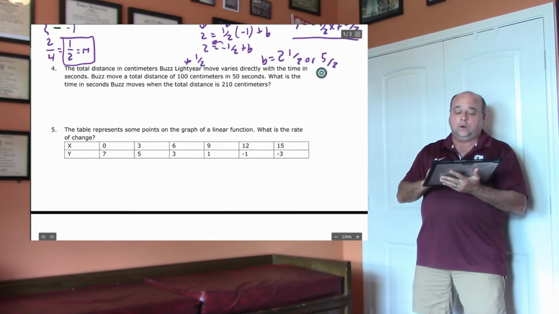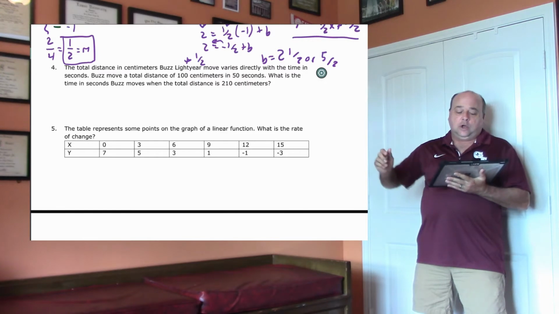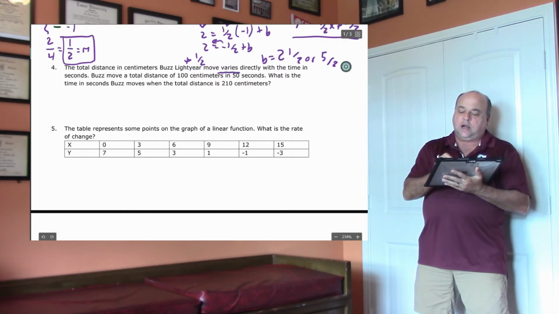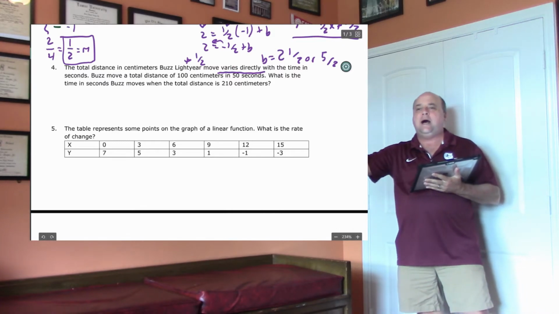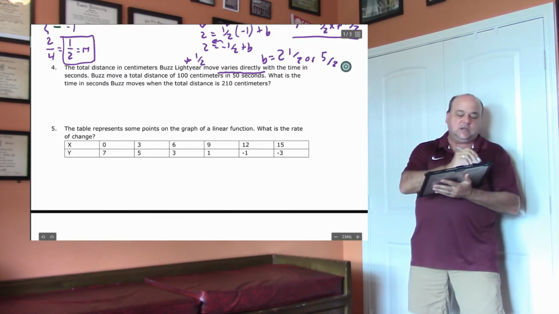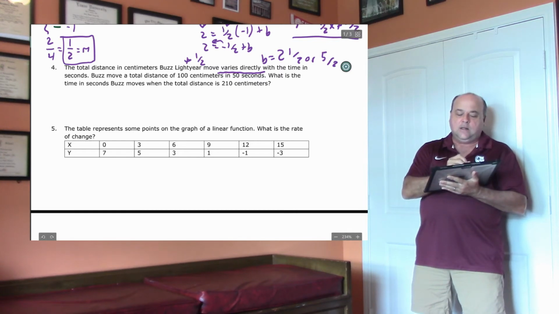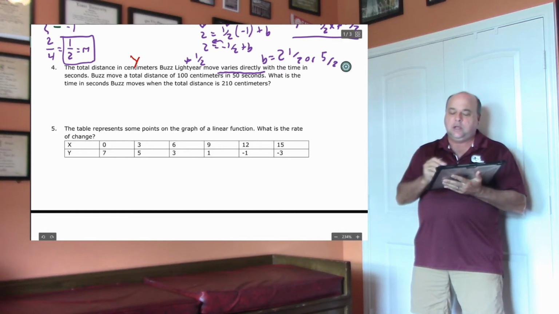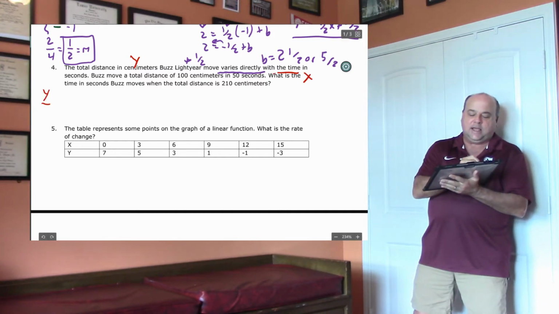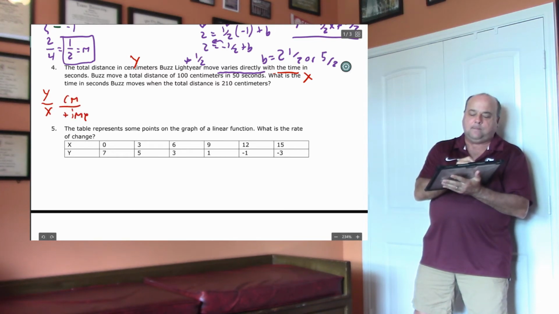Let's go to number 4. The total distance in centimeters Buzz Lightyear moves varies directly. So underline varies directly. Remember, y varies directly with x. So our y would be the distance in centimeters and the x will be time.